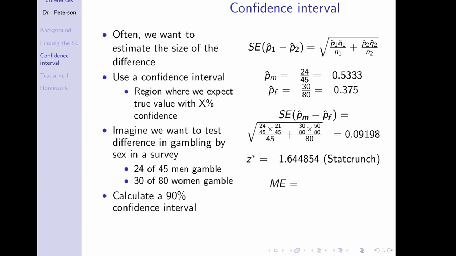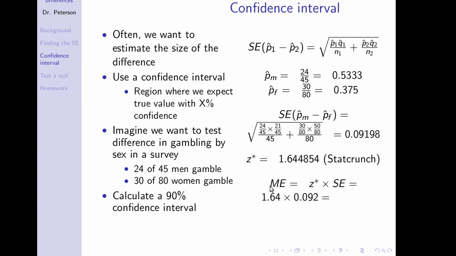So if we go back here and plug in our 1.6448536, remember that our margin of error, just like it is for every one of the confidence intervals we're going to calculate in this class, is our test statistic critical value. So here is Z critical times our standard error. So 1.64 times 0.092.